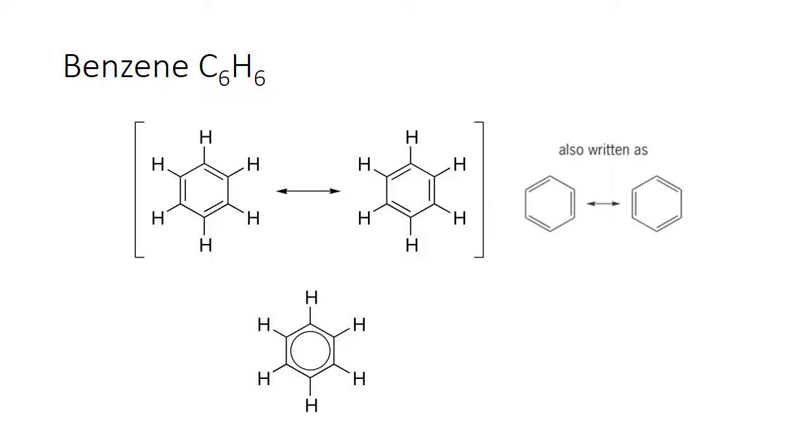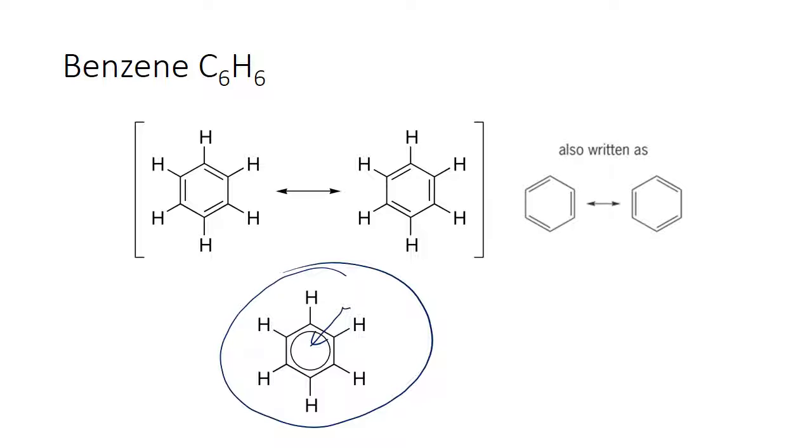Okay, so the classic example is benzene in organic chemistry. Okay, so benzene exists in two resonance forms, and so that's why we actually draw benzene with a circle in the center, because that's like the average of the two resonance forms.